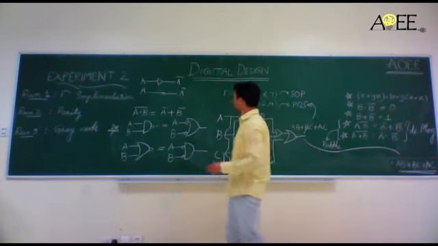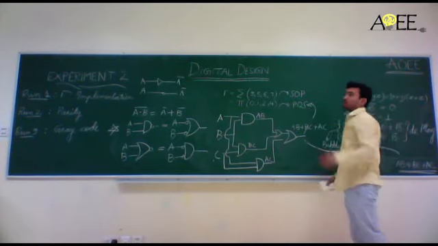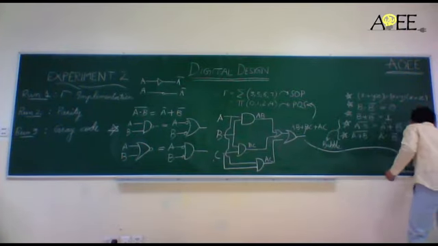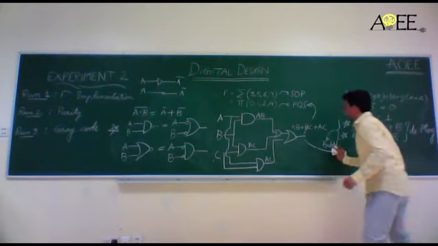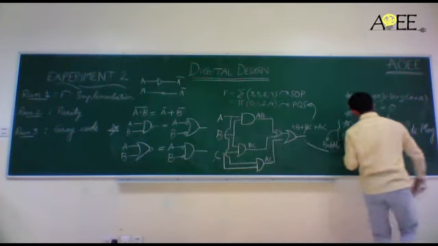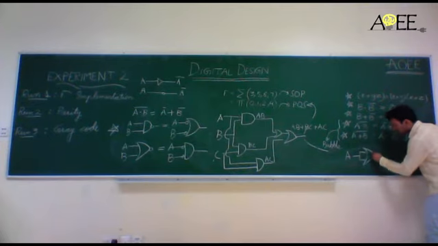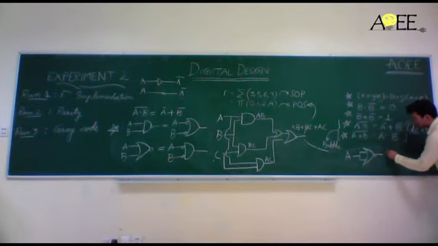One more thing that is important to note over here is how an inverter works. You have seen that there are two ways to write it, and there are many other ways as well. You can also say that if A is the input and you give it to both inputs of an OR gate, you get A bar.